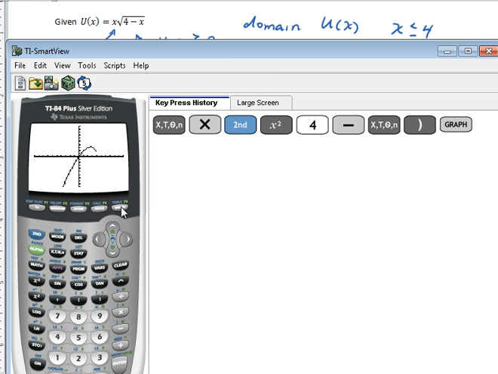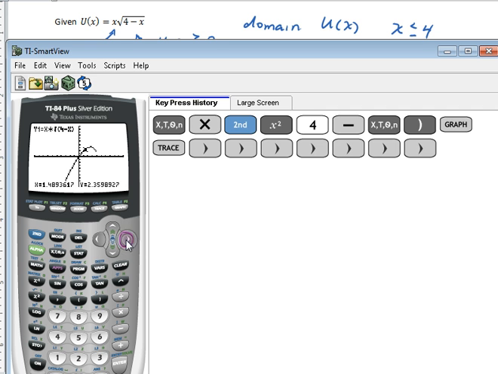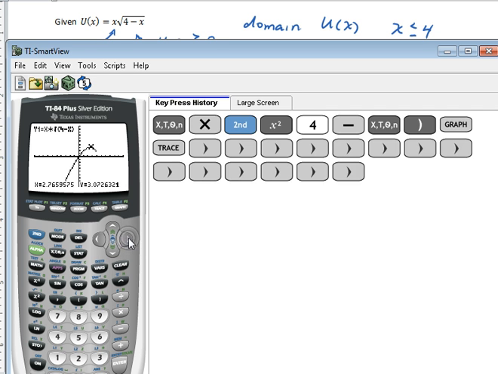If I press trace and I go to the right, in this window, the last value of x that I see graphed is approximately 3.83, not actually 4.